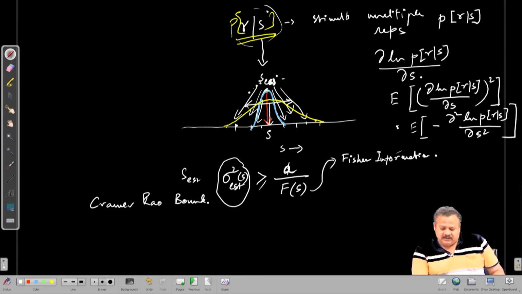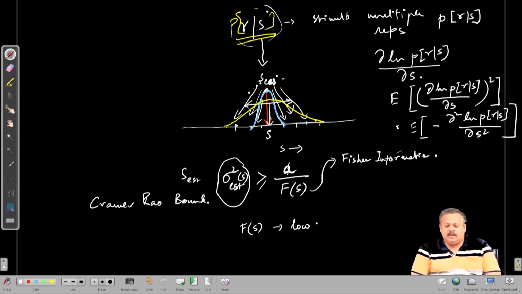What we are saying here is that if this F(S), the Fisher information, is low, that is, based on the data that we have collected, P(R given S), we estimate the Fisher information F(S) for that particular stimulus at that particular location, for that parameter.